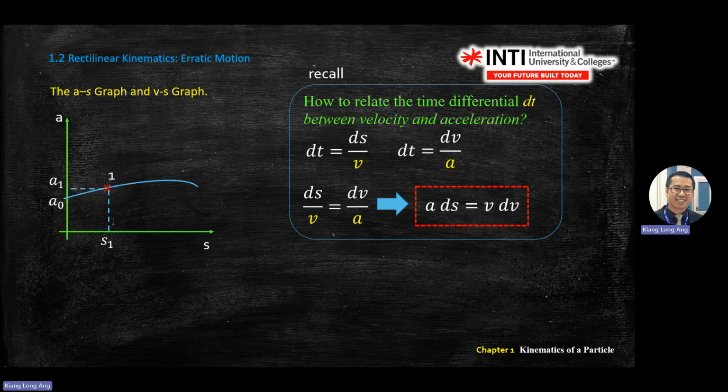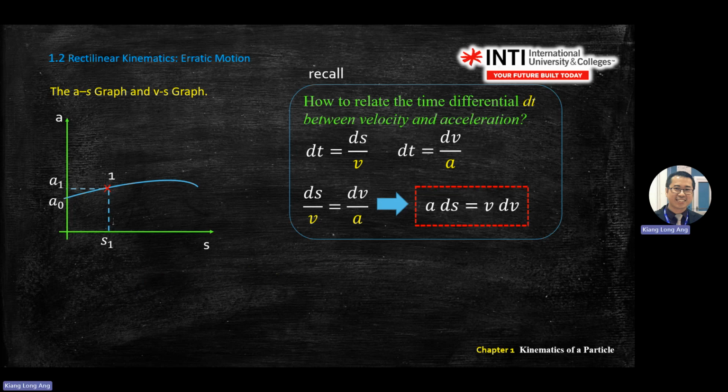Because the graph you have is an AS and VS graph, that's why you are using this equation rather than the others. The others are time differentials. This one links the position or displacement with the velocity and acceleration. So this is the one that you're using.